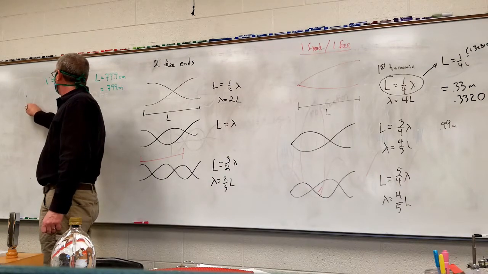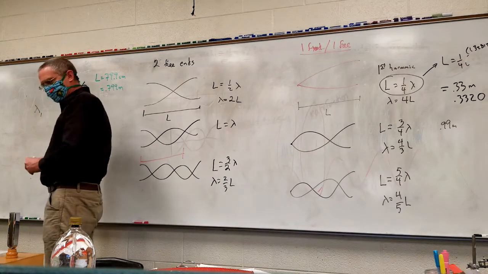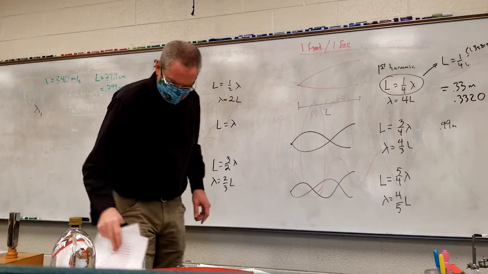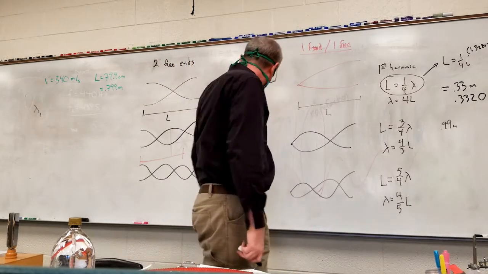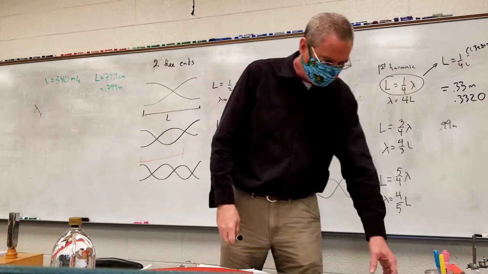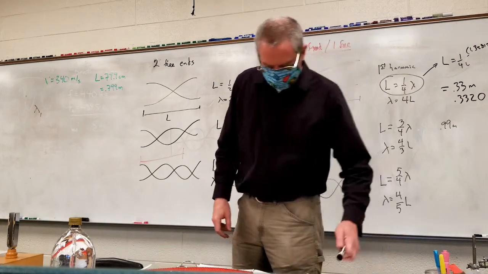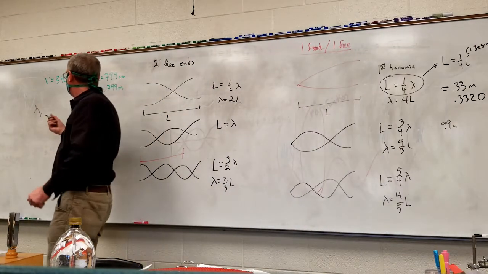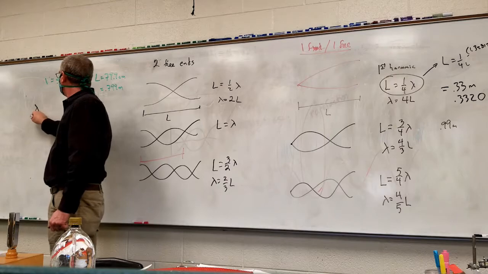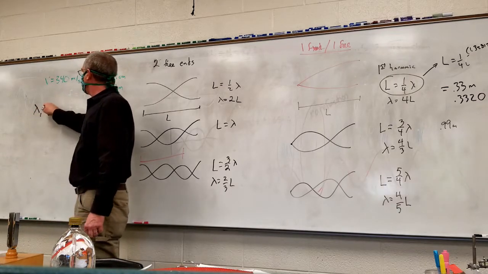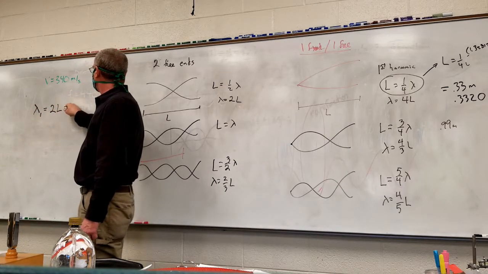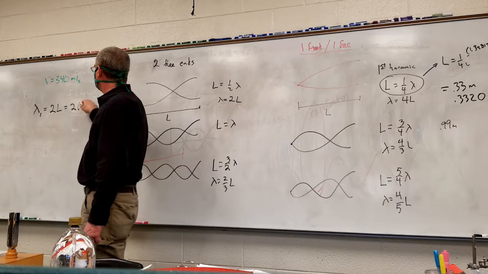Let's call it lambda sub 1, and I know there's a black marker around here somewhere that writes better than that. Yeah, there we go. So lambda sub 1 is 2 times L, or 2 times 0.799 meters.